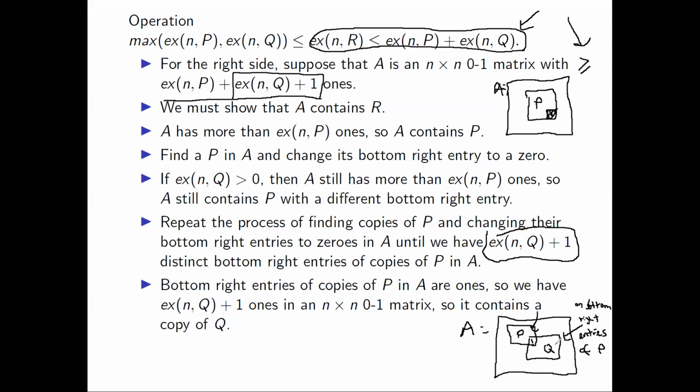And then we have the copy of Q, the one we found because we had at least ex(n, Q) plus 1 ones. And down here, it doesn't matter what's down there. That can be anything. And right there, we have a copy of R. So we have a copy of R in A.